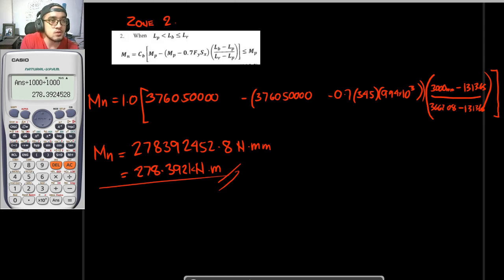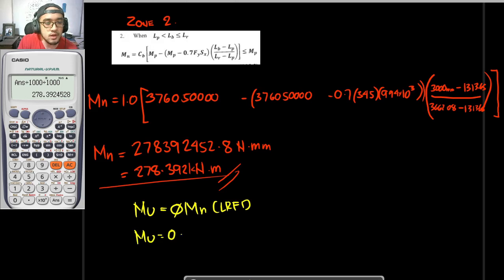For us to solve for the value of our Mu, Mu is equal to phi Mn. Sorry, phi Mn. So this is for LRFD. Our Mu would now be equal to 0.9 times 278.392.